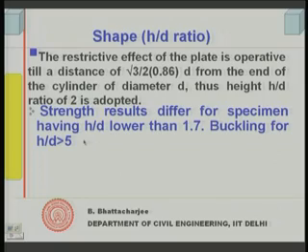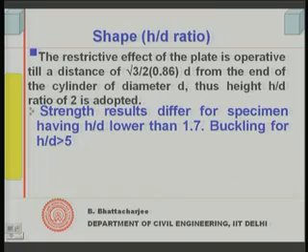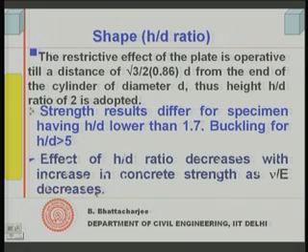If you have done a course on RC design, then you would know that for a length to minimum side dimension ratio of 12 and above, we consider it to be not a short column but a long column. Buckling effect appears only for h by d greater than 5. So, there is no buckling effect in dimensions such as 1:2 that we are considering, but strength results still differ for specimens having h by d lower than 1.7.